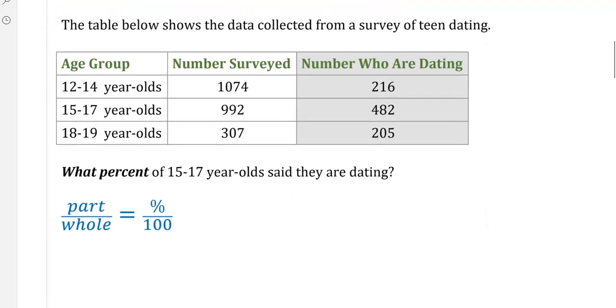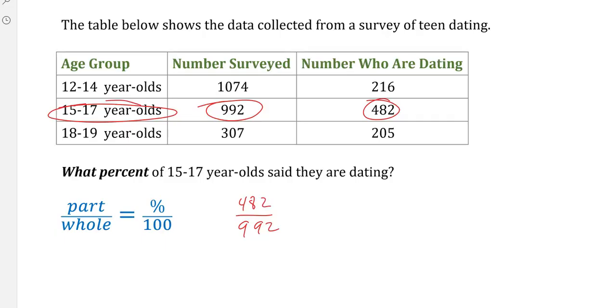So the question asks, what percent of the 15 to 17-year-olds said they are dating? So that's the 15 to 17-year-olds. The number of students that were surveyed was 992. So that's the whole, that's all of them that were surveyed. And the portion of them that are dating, that's the part, 482.